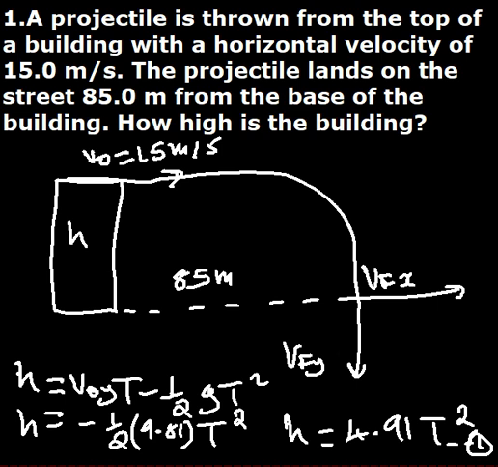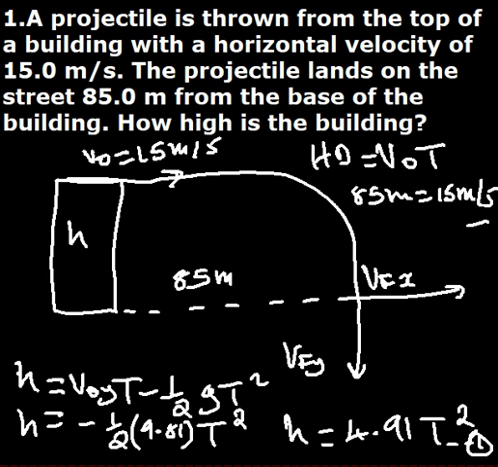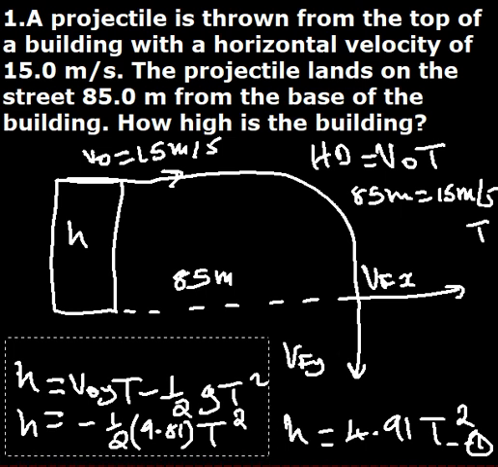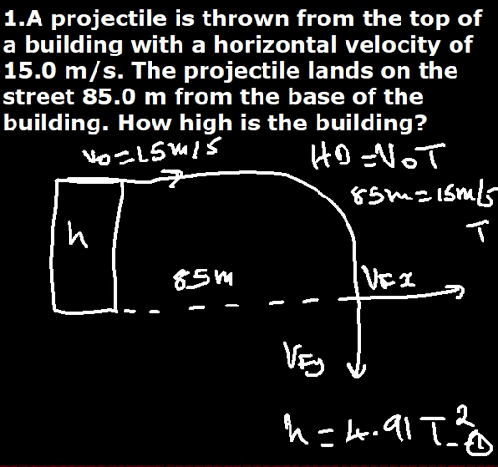The total time will be obtained from the formula of the horizontal distance. The horizontal distance is given as the launch velocity times the total time. The horizontal distance is 85 meters and the launch velocity is 15 meters per second. So the total time is 85 meters divided by 15 meters per second.